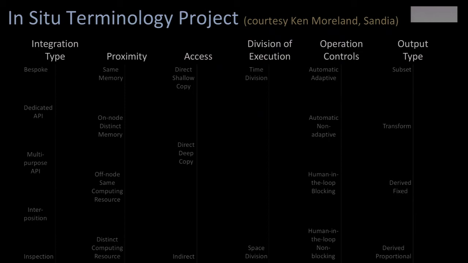You might be sharing the same memory on the same node of the system. You might be on the node but with distinct memory spaces. Off node, same computing resource, or on separate resources. And the types of access you have, from shallow copy to indirect access, and the time division: when is the analysis running compared to when the simulation is running, and are they operating synchronously or asynchronously?